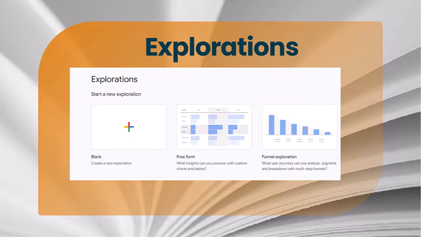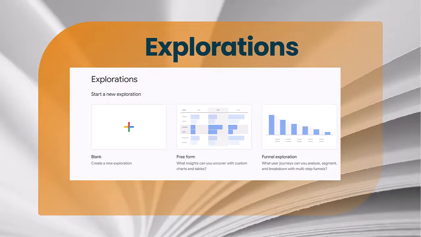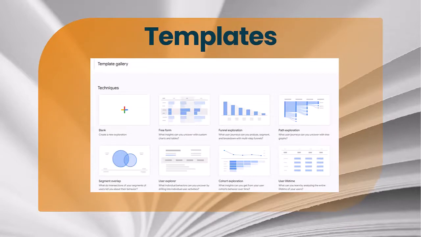If you want to look at cohorts and different things, the Explorations function does have some pre-built explorations, and then you can also create your own. Once you click on Explorations, you will see a template that says blank, to create a new one, or use one of the pre-built templates.